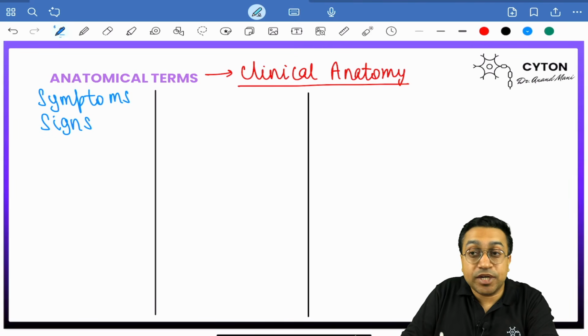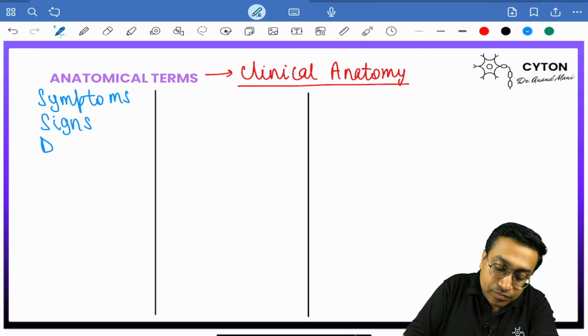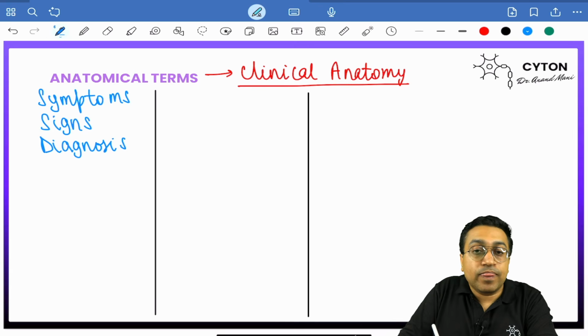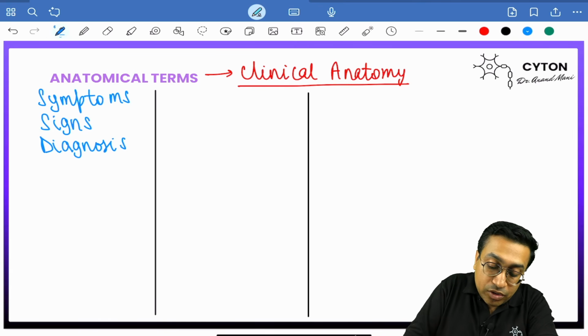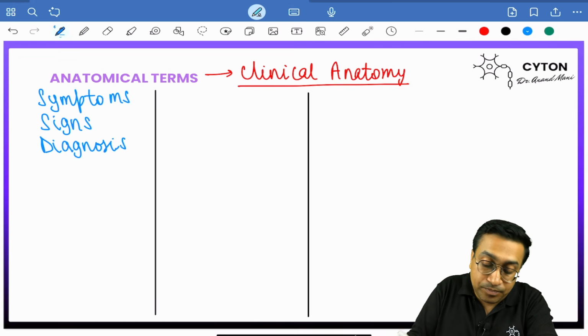Signs: objective, physical findings of the physician who is observing or examining the patient. Diagnosis, that is identification or determination of a disease, or you can say the cause of disease, nature of disease, clinical condition.